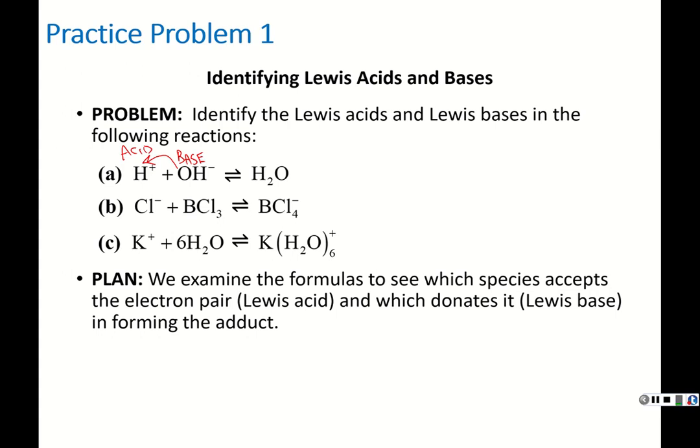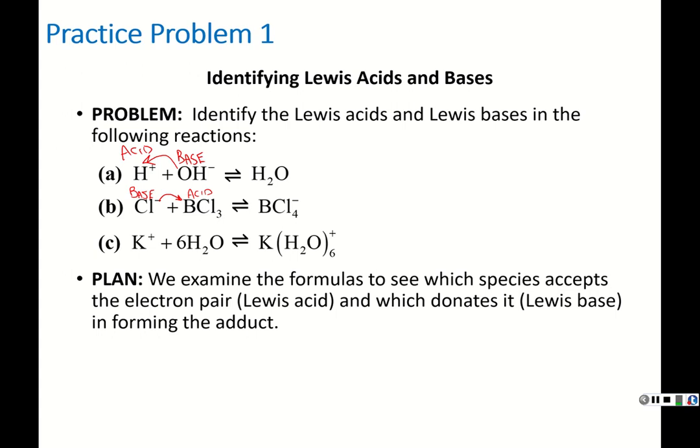Okay, the next reaction is Cl minus plus BCl3 going to BCl4 minus. Again, our base is donating electrons, so Cl minus in this case is going to be donating our electrons to that electron deficient boron in BCl3, and it's acting like an acid because it's accepting those electrons to form that adduct.